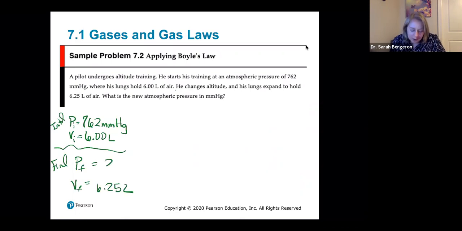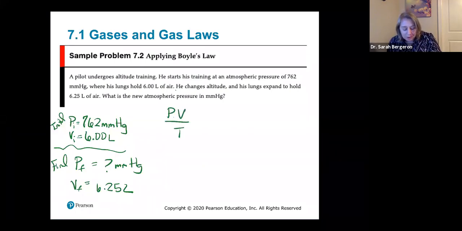What's happening to the atmospheric pressure in millimeters of Hg? All you have to remember is to keep those peas and vegetables on the table. This is my initial. Here's my final.